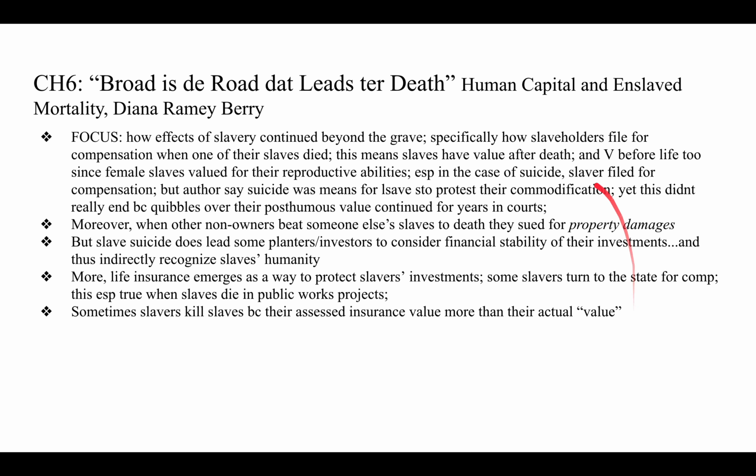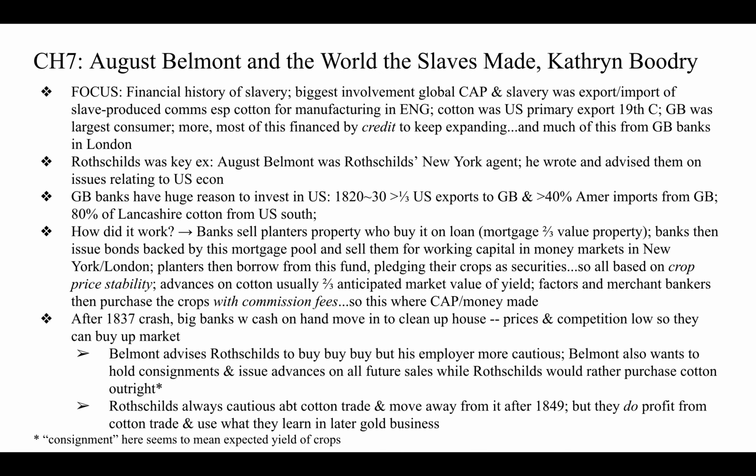So she highlights many different examples of how value could extend beyond life or death. It was more important than the actual life of the slave, and it also highlights how the state and the law are used to reinforce slavery through liberal ideas of private property.